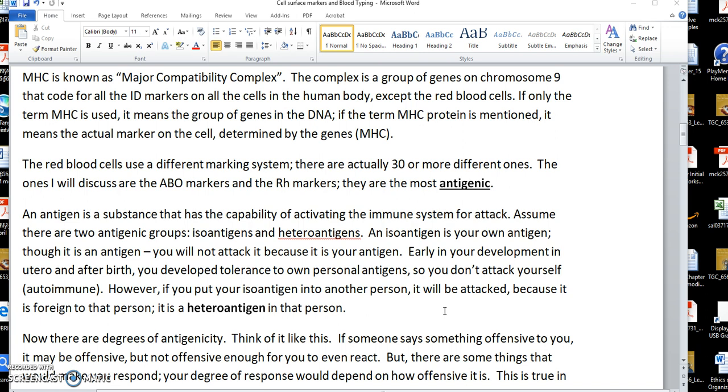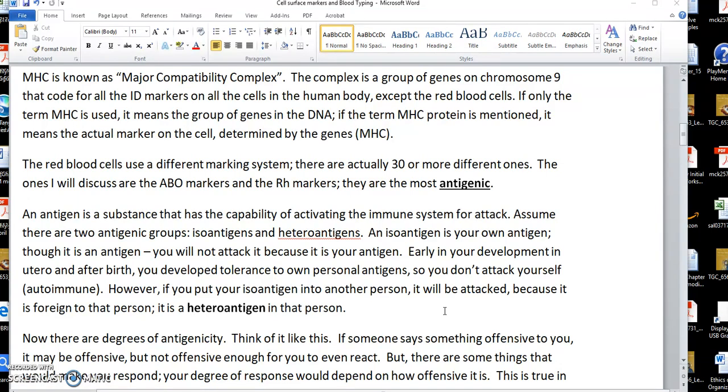If you place the wrong ABO blood type, or RH, in a person, there will be a violent reaction generally because they are highly antigenic. But some of the lesser of the 30 to 32 red blood cell groups may not cause any problem. Not that the body likes them, but it's not enough to take on a fight with it.